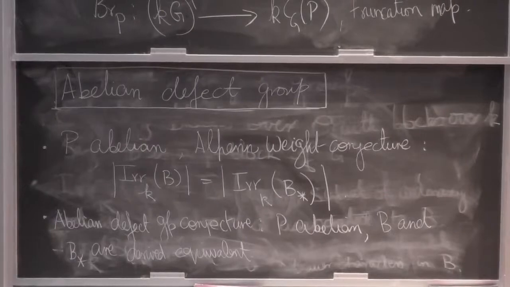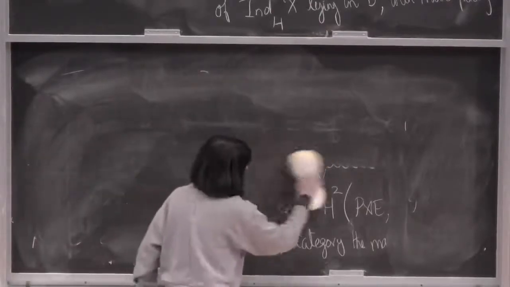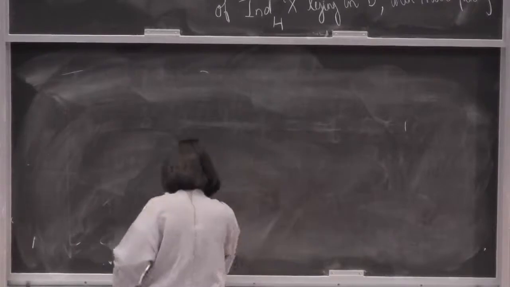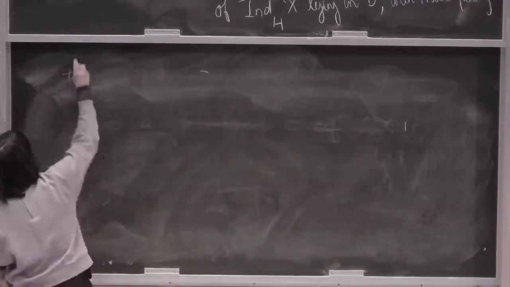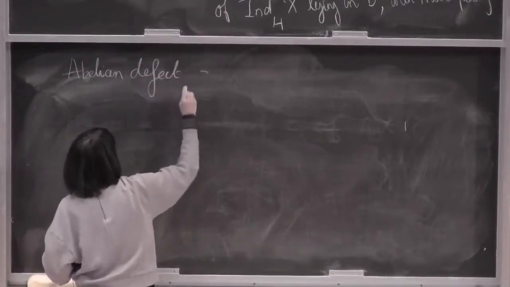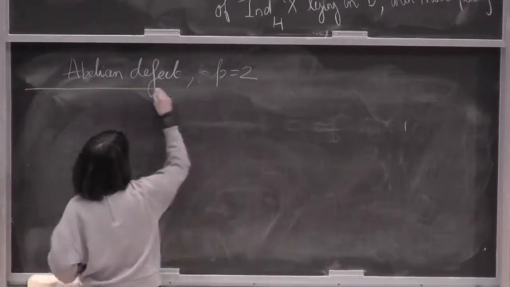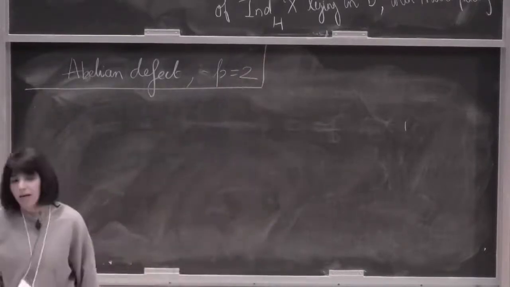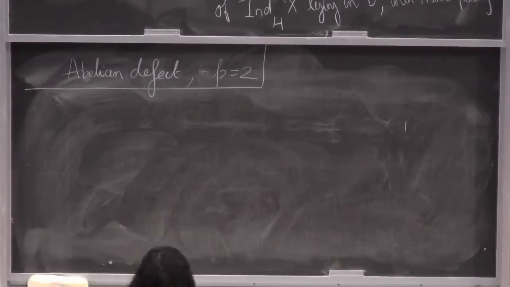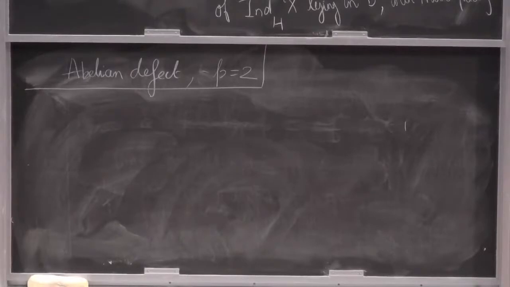So it's still abelian defect, but now only the smallest prime, defect and p equals 2. This section is there to really illustrate that the group theory is very important for the block theory.